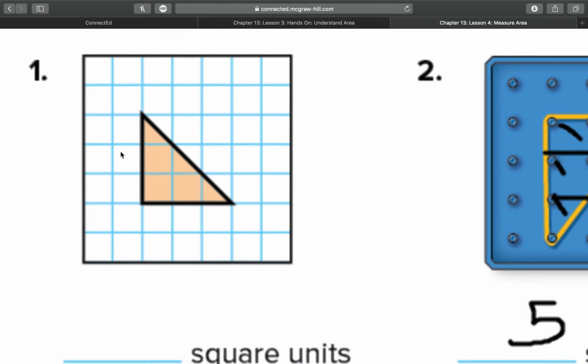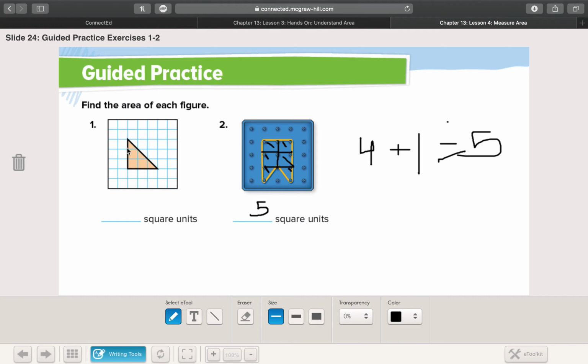What about a triangle? Ooh, fancy, huh? How many holes? Always start with holes. 1, 2, 3 holes. And how many halves? 1, 2, 3 halves. Oh no, 2 halves equals a whole. So if you add these two together, they become 1.